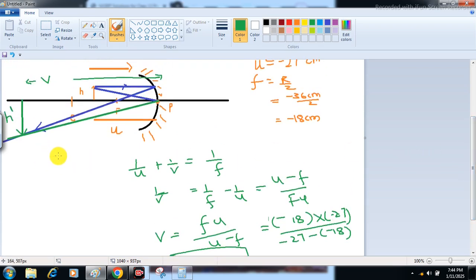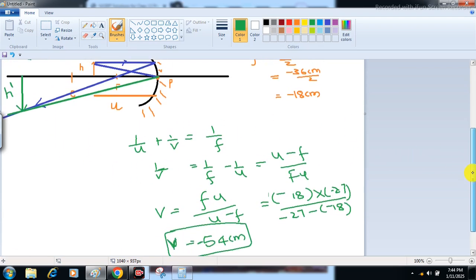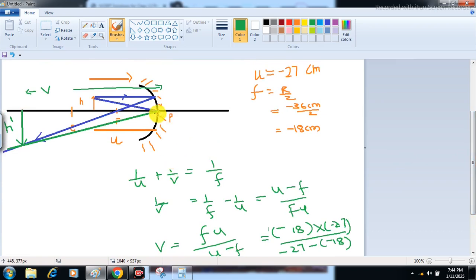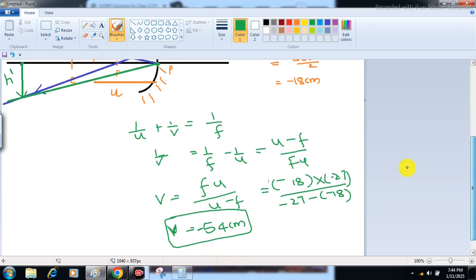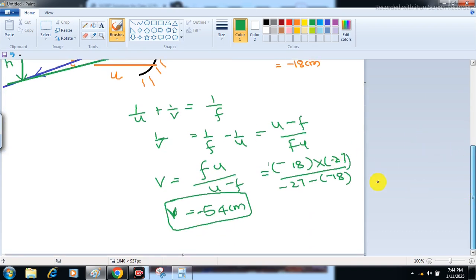It is negative since the image distance is measured from P to the location of the image, from right to left, but the incident light is from left to right.